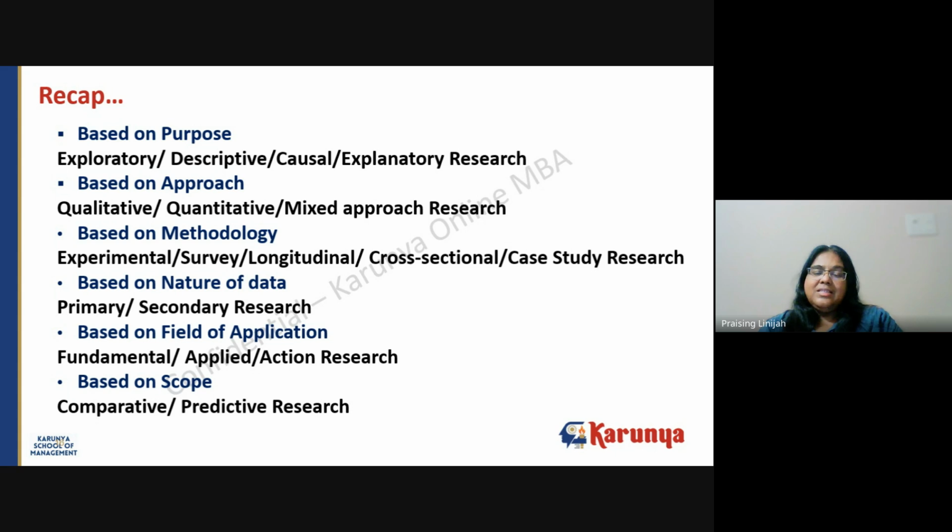Each research type which we discussed has its own advantages and disadvantages. There is no hard and fast rule that for a particular product, service, or business, or type of work which you may do, you have to focus on only one type.